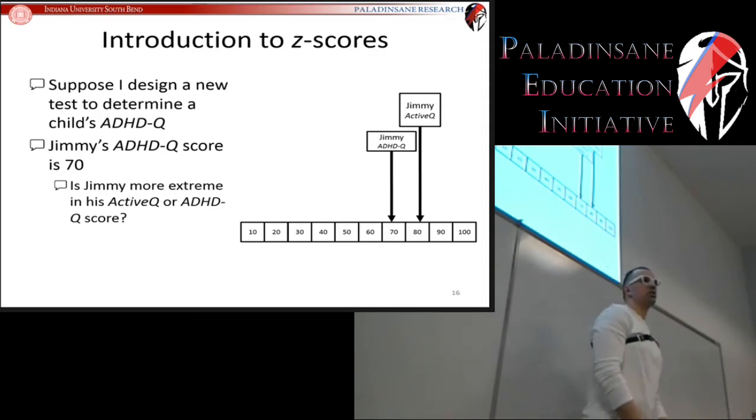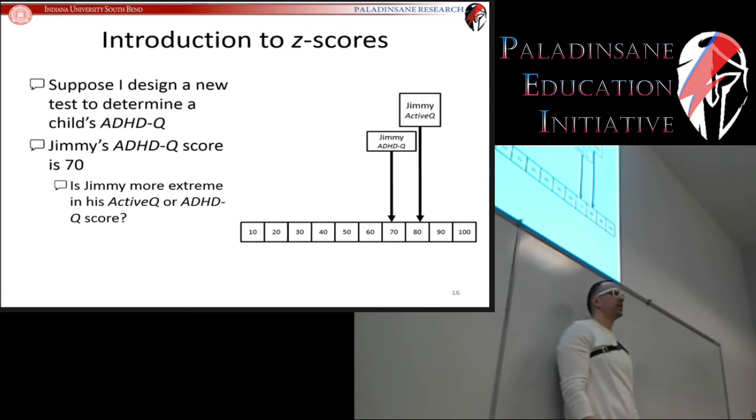Elementary school math tells us that 80 is bigger than 70, so the active Q must be the bigger issue. The active Q must be the more extreme score. But that is not the case, and that cannot be determined because those are two different scales. That is literally apples and oranges.